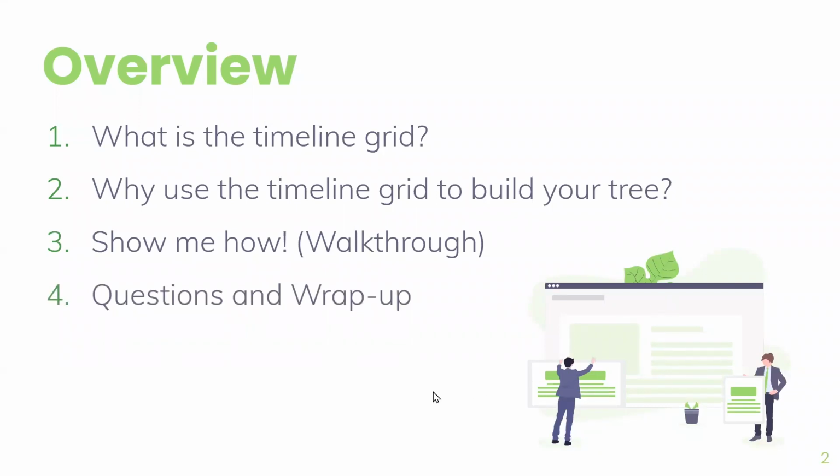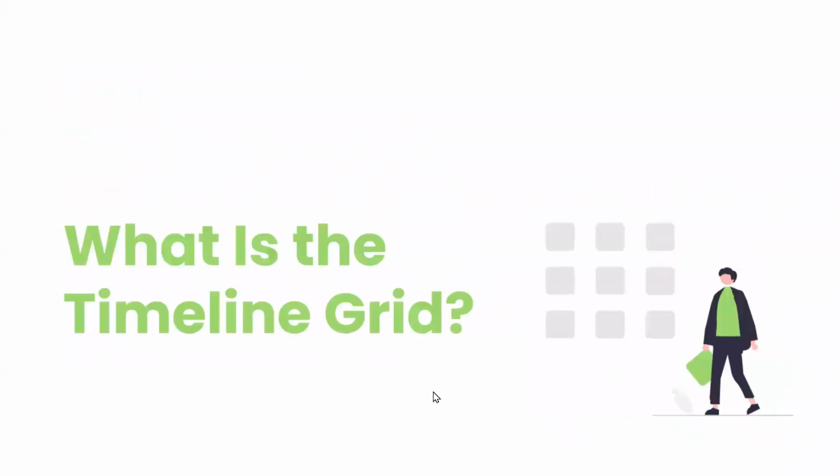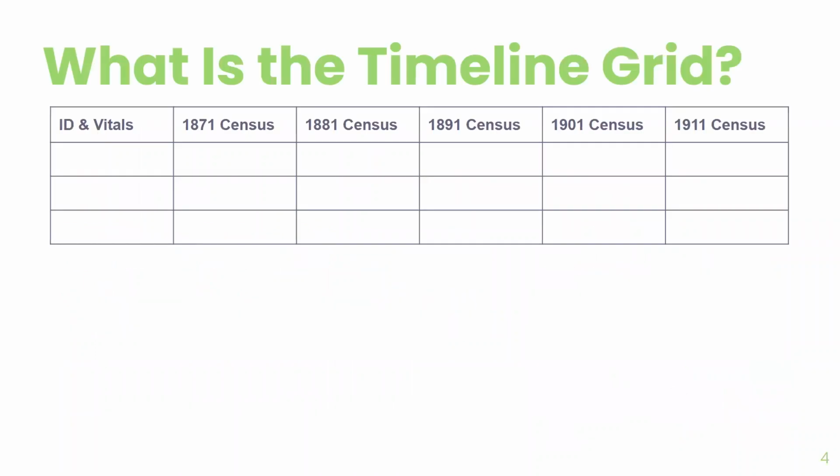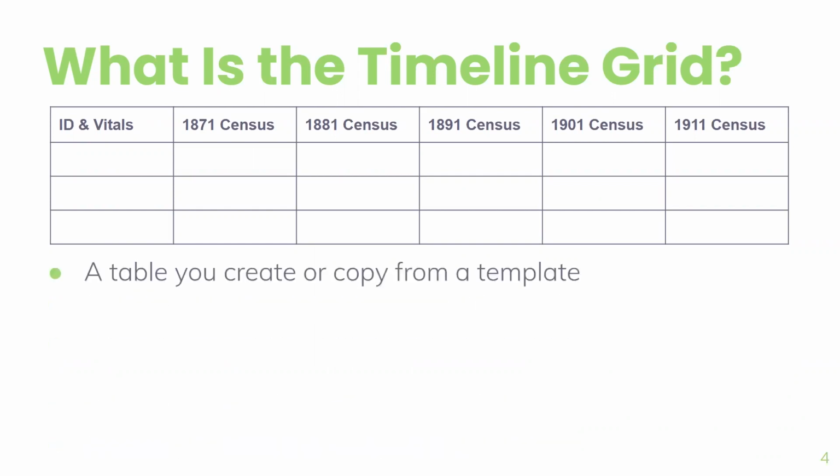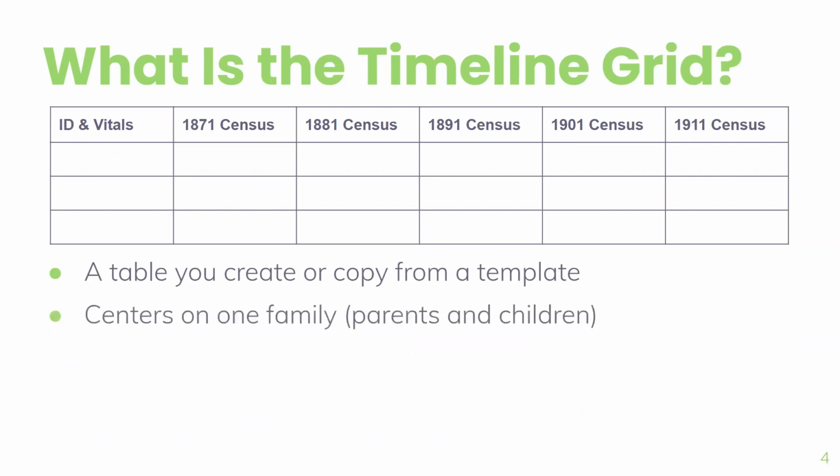So let's dive in. First of all, what is the timeline grid? Well, here it is. You're looking at it on the screen. Essentially, it is a table that you either create or you copy from a template. It centers on one family, so a set of parents and their children. I used to try to make them multi-generational, and it just turned into a big tangled ball of yarn.